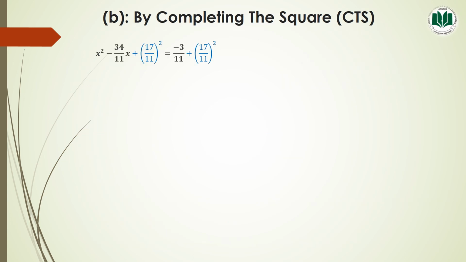So we have got x square minus 34 by 11x plus 17 by 11 whole square is equal to minus 3 by 11 plus 17 by 11 whole square. Now on the left hand side, this whole expression is a perfect square. By looking at the algebraic identity, if the middle term is negative, it will be the second identity.